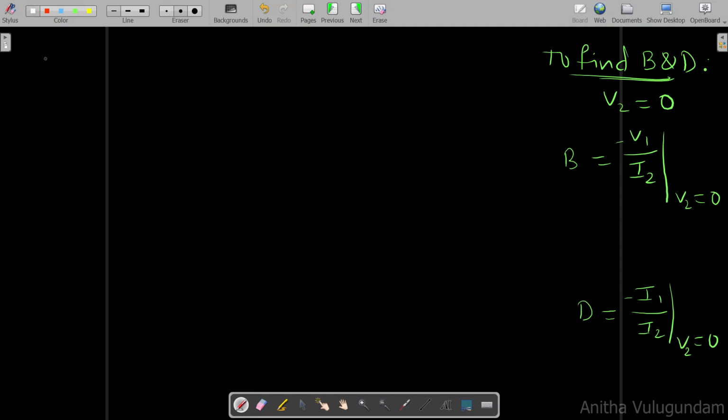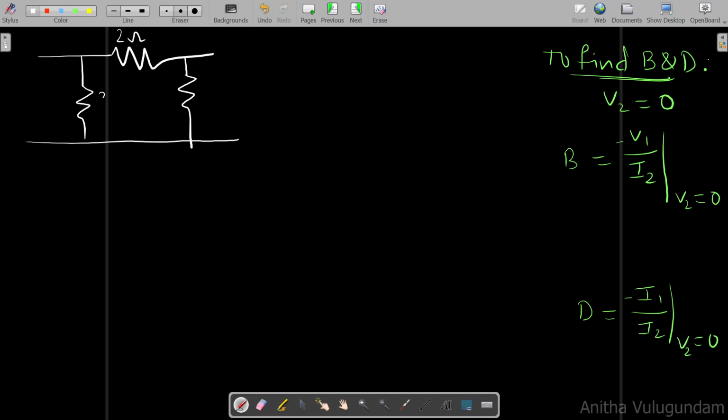I'll redraw the circuit now. 2 ohms, 2 ohms, 2 ohms, I1, V1, I2, and this is V2.